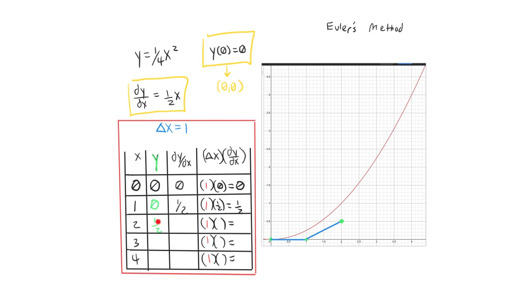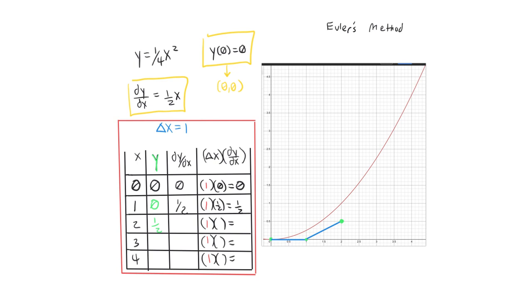In other words, they're going to be looking for one of these numbers in this column. So for example, if the AP calculus question was asking, using Euler's method, what's an approximation of this graph when x equals 2? Well, you would say the answer is 1/2.